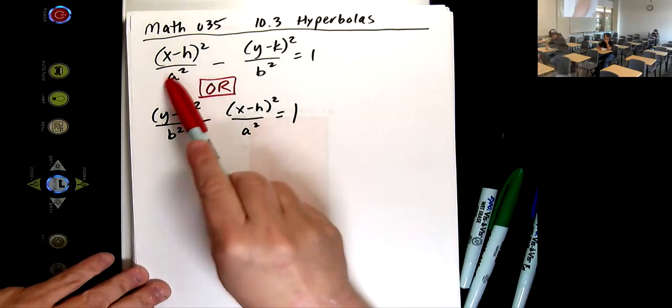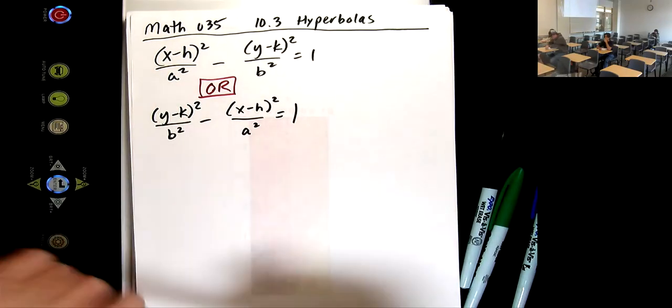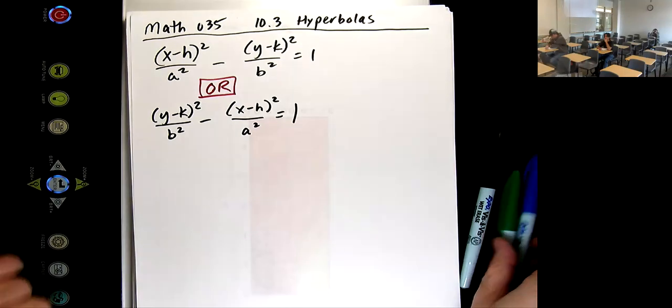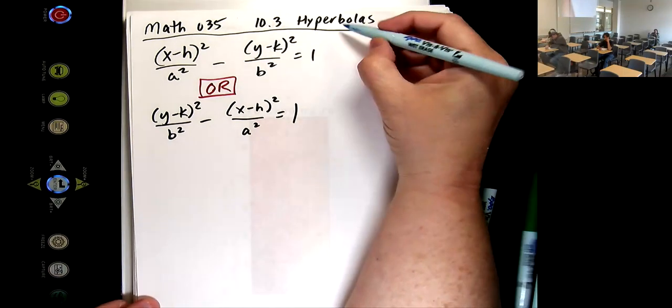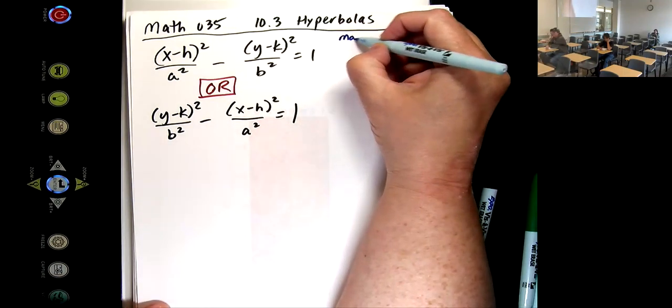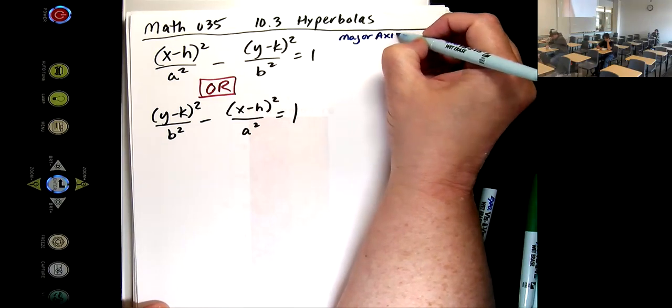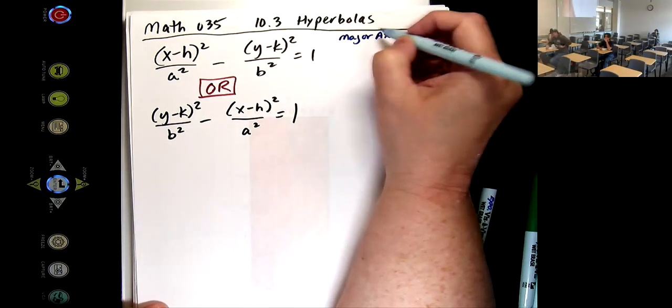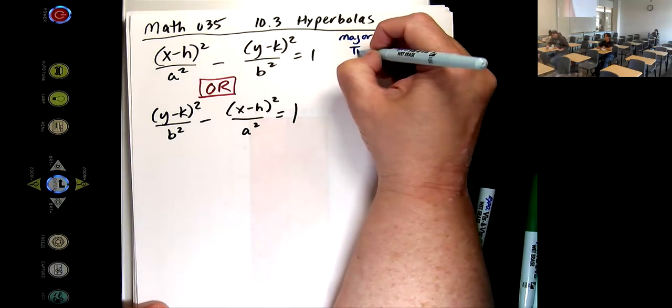Whichever one is positive tells you the axis, but it's not called the major axis in this case. For hyperbolas, the equivalent of the major axis is called the transverse axis.